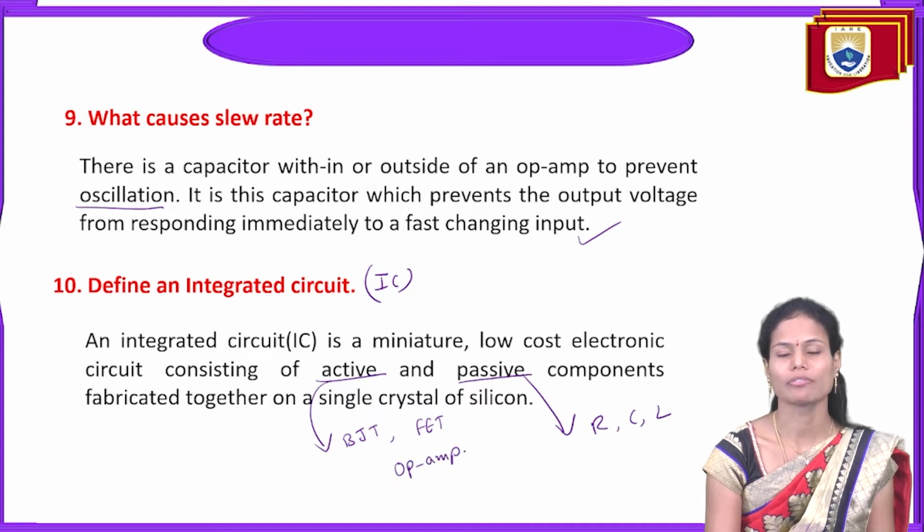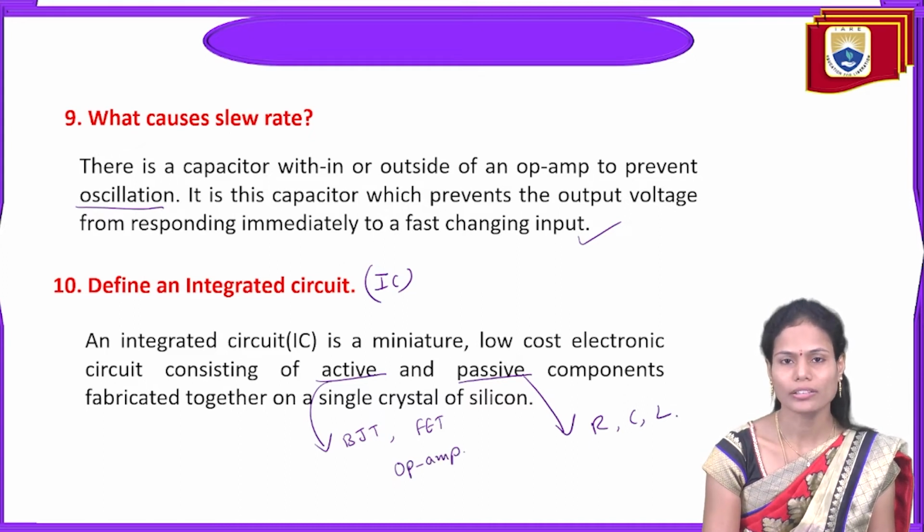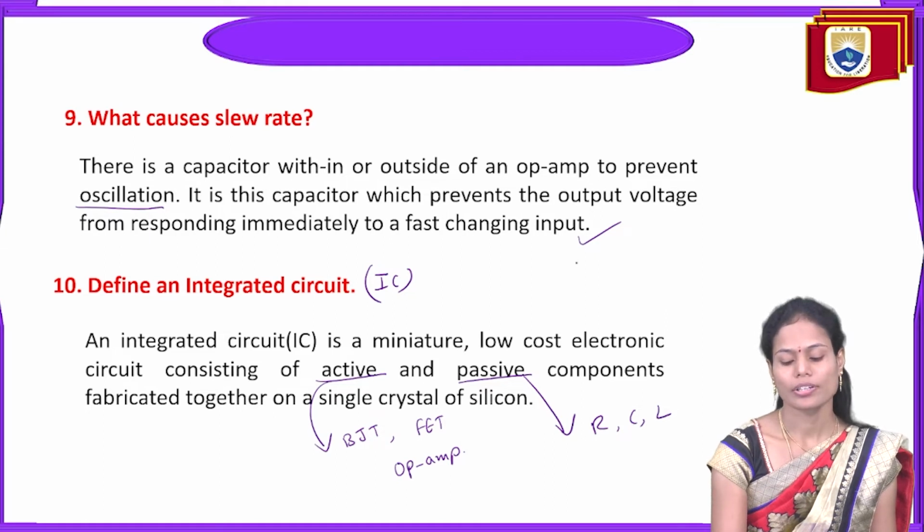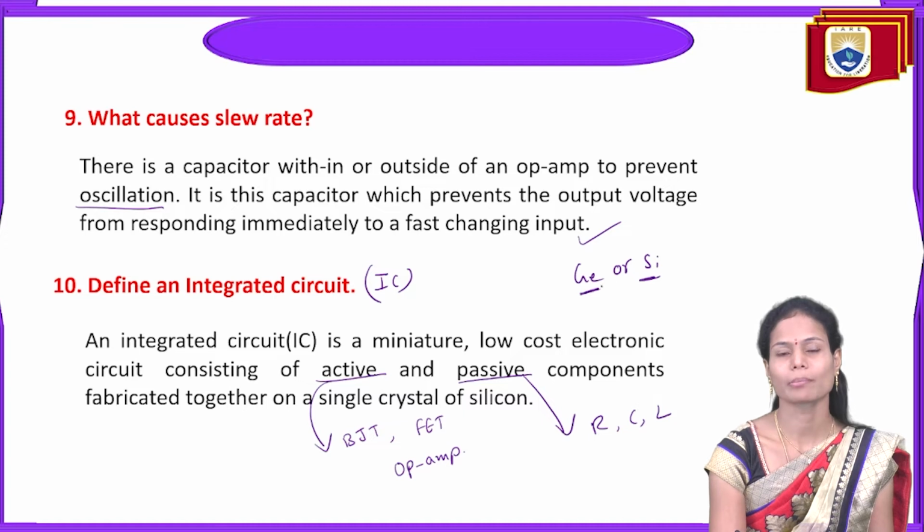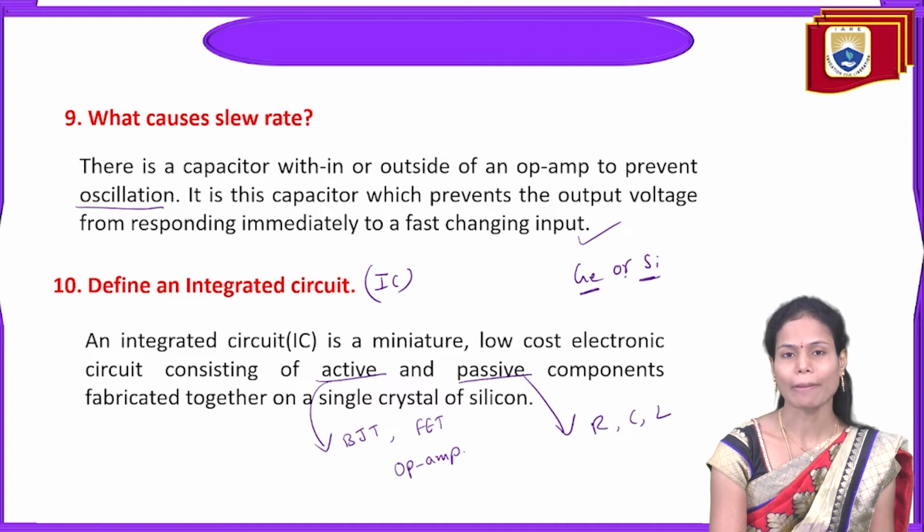These all are active devices. So a combination of active and passive devices we can integrate on the IC to make it for a particular application. And this integration of components is done on a small piece of semiconductor material. That material we can utilize as either germanium or silicon. Depending upon our requirement, we can utilize either germanium or silicon semiconductor material to fabricate the integrated circuit.